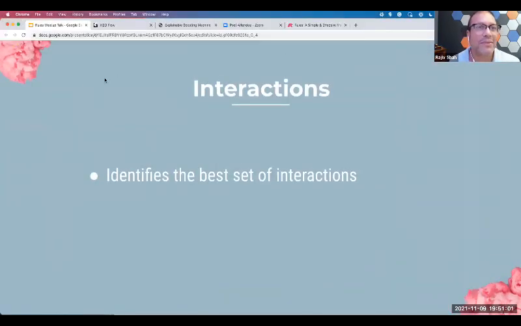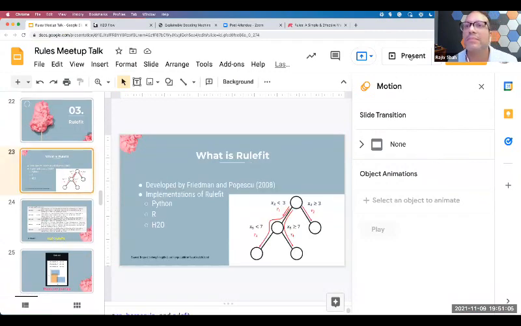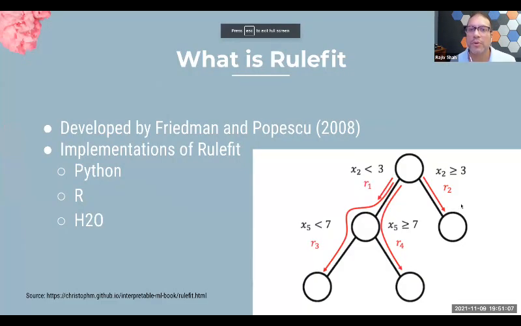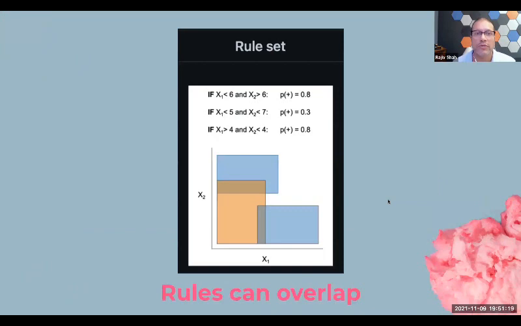If I'm using this approach with what we'd call a continuous variable, we end up having to bin that, or break that continuous variable up into segments. And that's one of the downsides of using a rule fit when you have those continuous features.